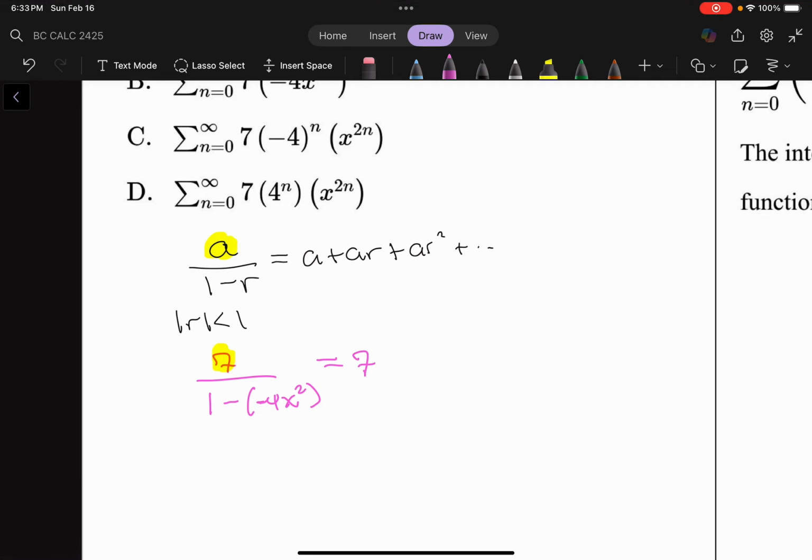And then it's 7 times the common ratio, which we recognize as that. So it's 7 plus 7 times negative 4x squared plus 7 times negative 4x squared squared.